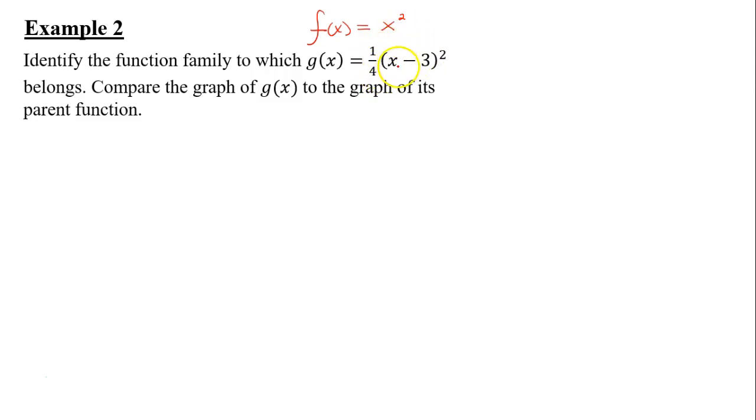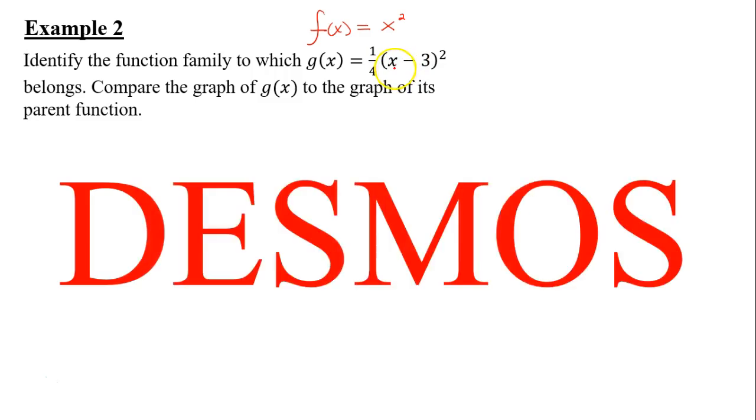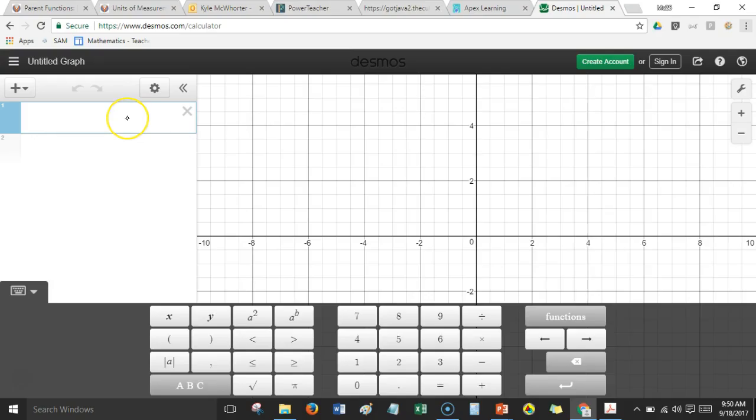But I don't see a picture of this graph, so what shall I do? Oh, that's a good idea. Welcome to my favorite graphing calculator. So I'm going to type in here f of x equals x, and this little button right here, we'll put a squared.